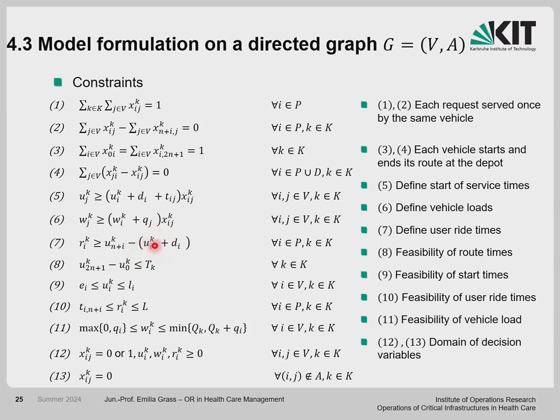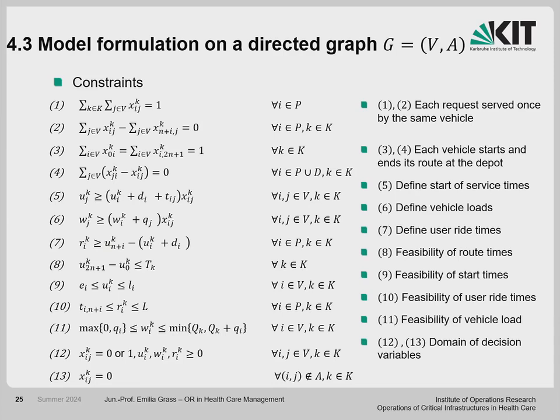So if we are here at 10 and here we were at 9:30, plus the service duration, then you know how long the patient was inside the vehicle. Okay, so it's simply the arrival time at node 4 minus the starting time and the service duration.